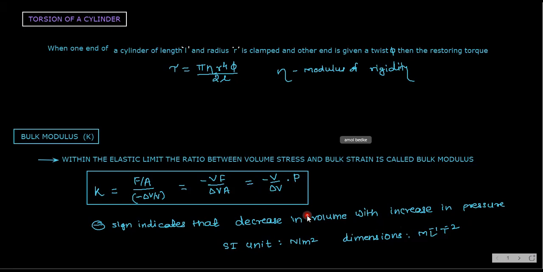Yes or not? So as pressure increases, volume decreases. That's why we are getting the minus sign there. And the SI unit is same as Young's modulus and others, right? So Newton per meter square, and dimensions are also the same because the unit is the same. Understood? Pause the video and note this down.